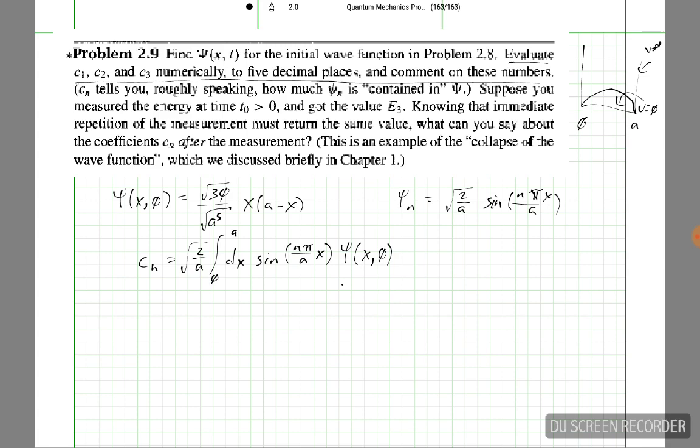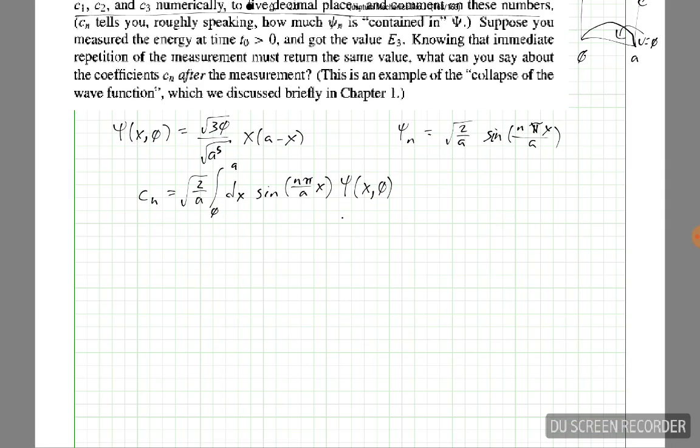So this is going to give us multiple different values for each n. We are going to have a different constant that's going to help us determine the probability of, say, finding a particle in a particular energy state. And here's a bit of a spoiler alert: ground state energy is gonna win.